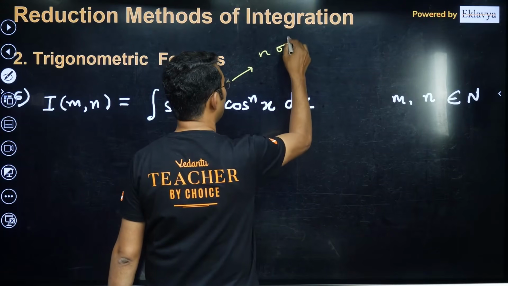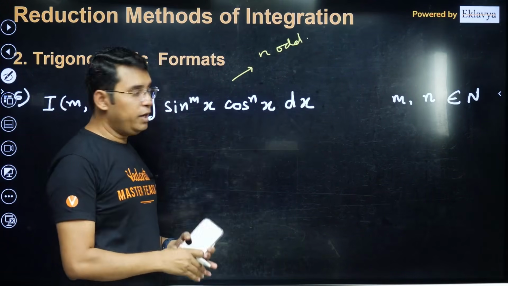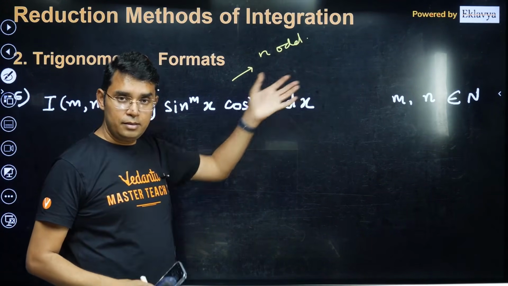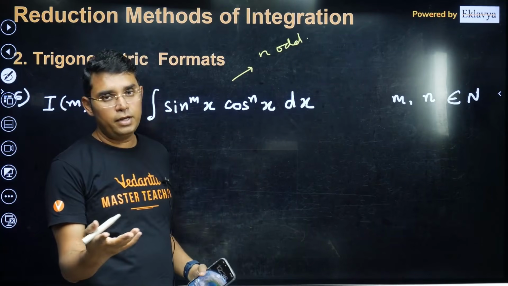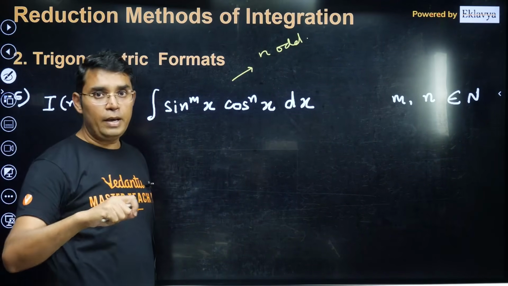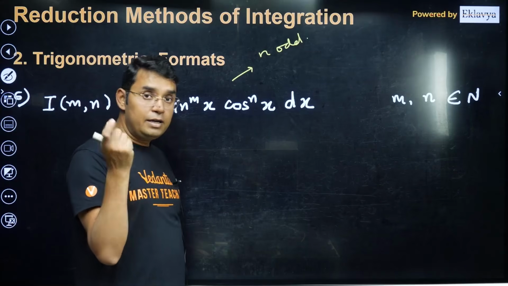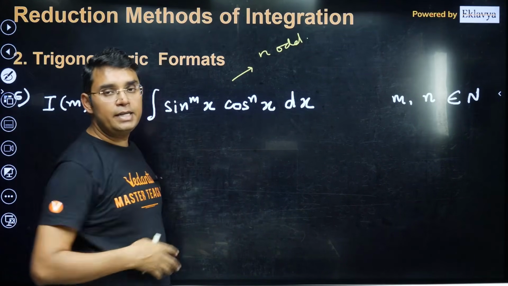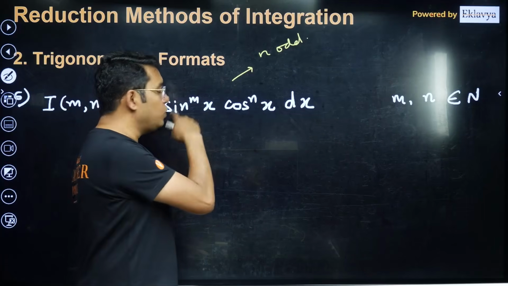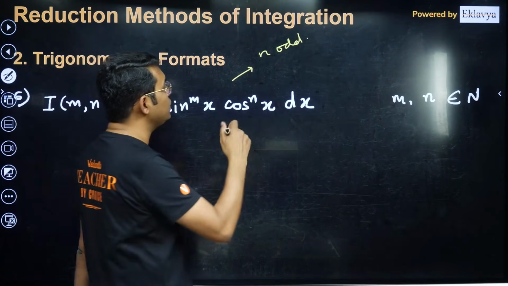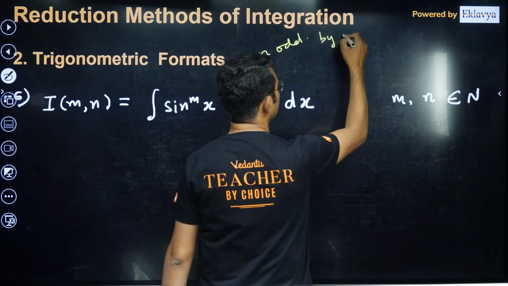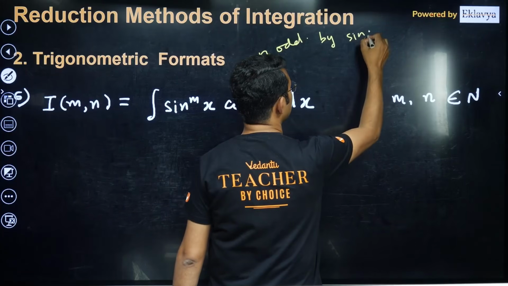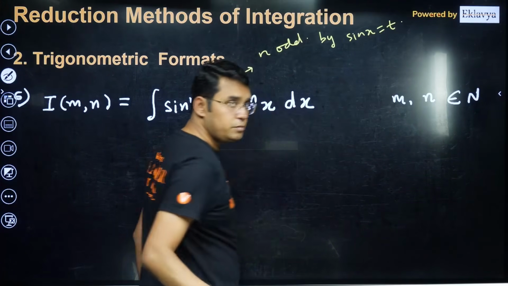Then you can write cos x into cos power n minus 1, which will be an even power of cos. You can convert cos square as 1 minus sine square, and then everything will be in terms of sine. So you can do this integration by substitution. If n is odd, then substitution is possible: sin x equal to t.